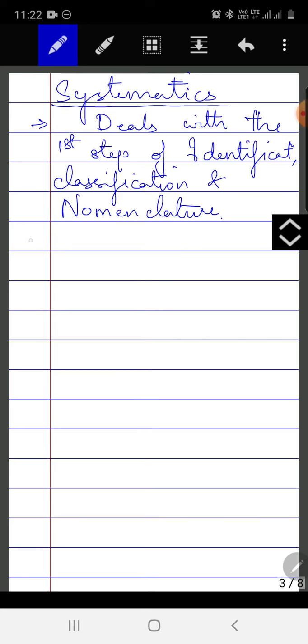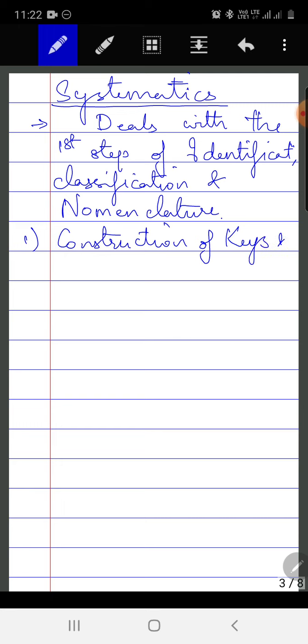What I mean is, construction of keys and systems, that is a part of identification.